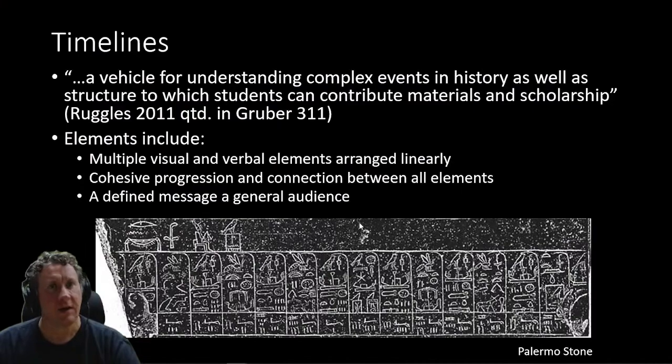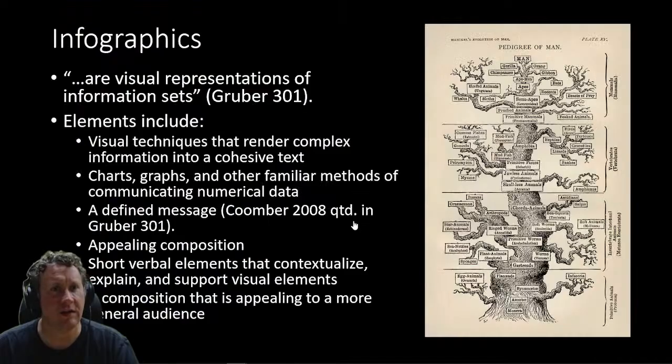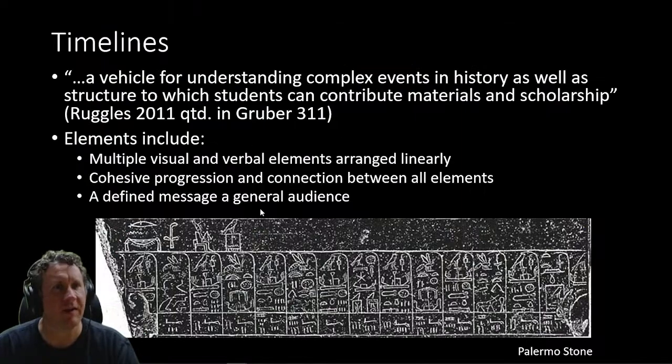All right. So another form of infographic. This one's sort of a timeline, a little bit more abstract, but this is more like millennia, eras, right? I don't think this is actually a timeline, but it looks like one. So a timeline is very similar.